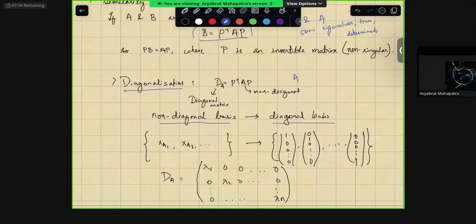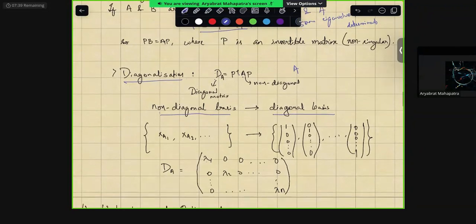Here you are going from a non-diagonal basis to a diagonal basis, and if you have your eigenvectors corresponding to your matrix A, upon diagonalizing it you end up in this basis. That is the signature of a diagonal basis.